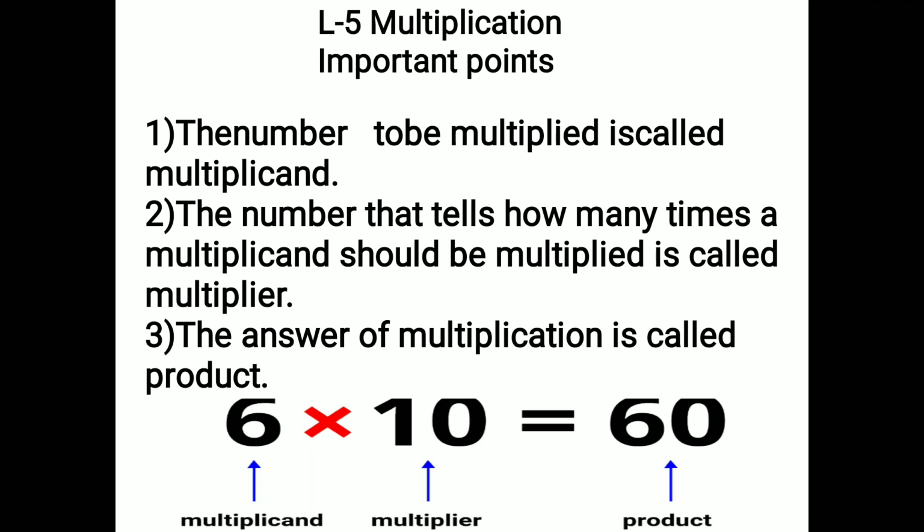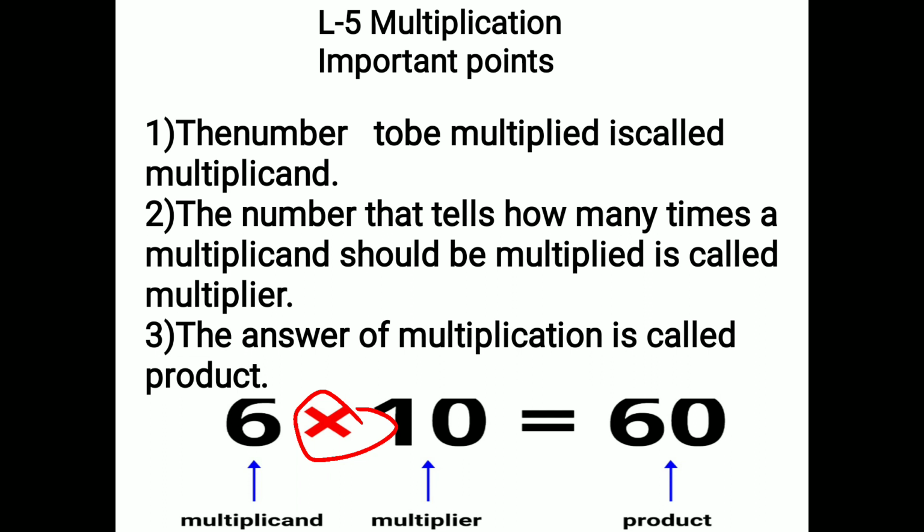So these are the important points, students, which you have to write in the maths copy. Firstly, you mention lesson 5 multiplication, then important points. First point, the number to be multiplied is called the multiplicand, meaning the bigger number we call multiplicand. The multiply sign tells us how many times you have to multiply the multiplicand.